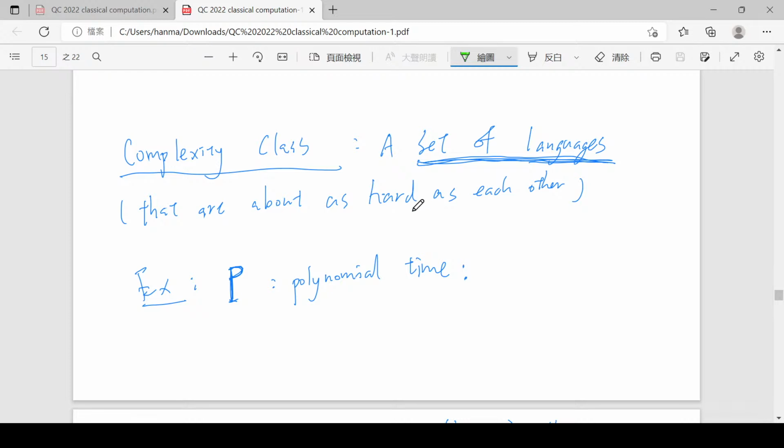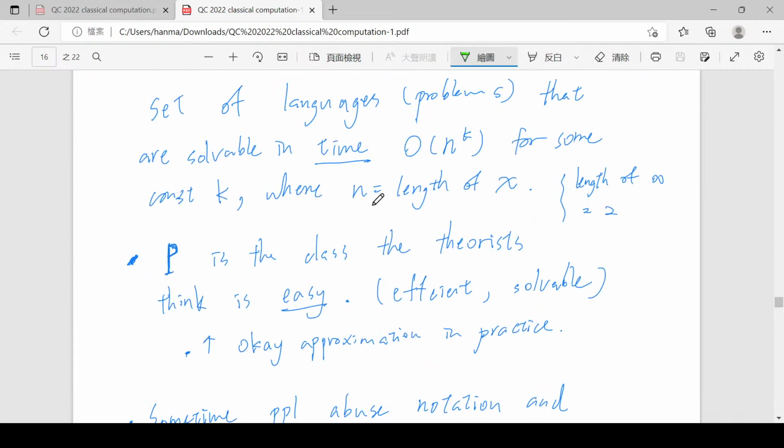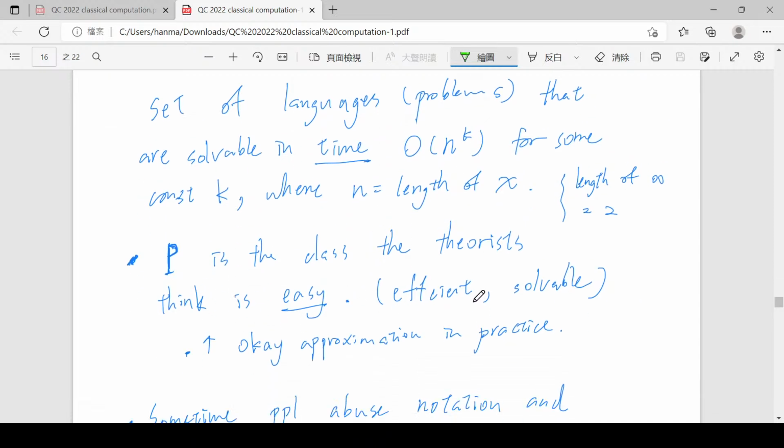P is what we think of as easy in complexity theory, because in practice these problems are also quite doable. This word easy is interchangeable with efficient and solvable. And this is actually something that works out very nicely.